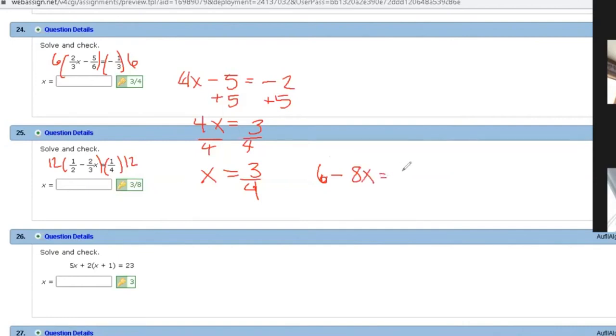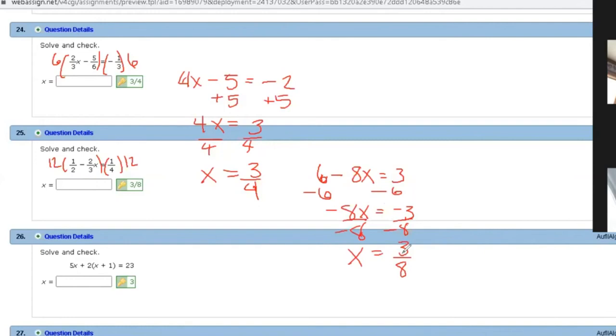And 1/4 times 12 gives us 3. So from here, easy peasy. We got the 6. We can subtract 6 on both sides. So we have negative 8x equals negative 3. And when we divide both sides by negative 8, x equals positive 3 over 8.